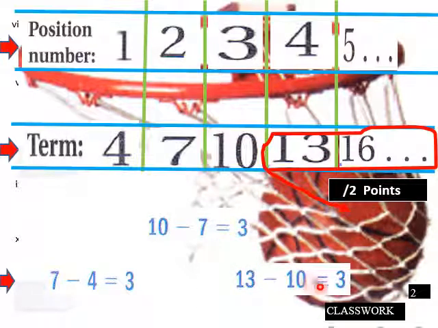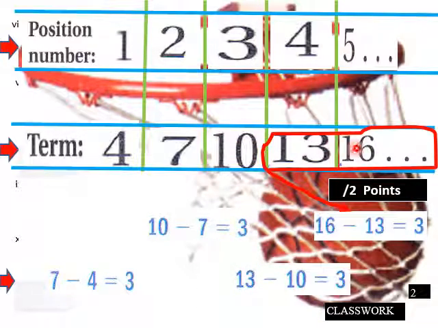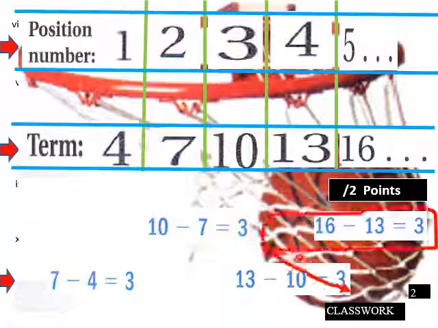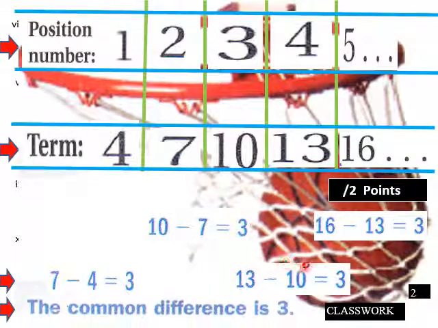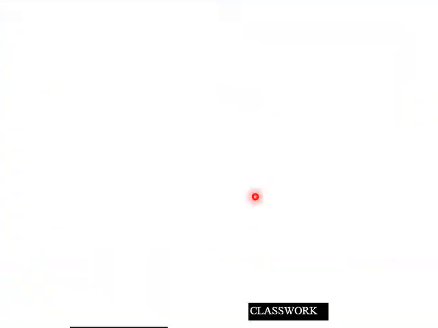So you definitely see that the difference would be 3 for each one of these. Since it's a constant difference, it is an arithmetic sequence. So the common difference would be 3.